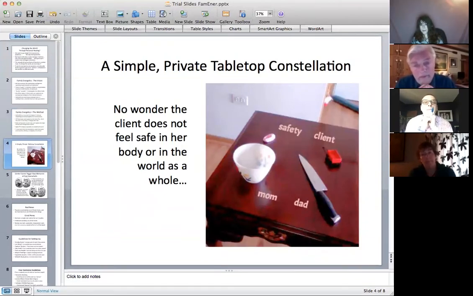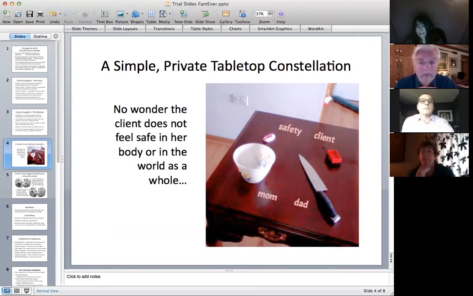Now, do those symbols speak to you? I mean, do we have a big question in our mind why this person might not be feeling safe in the world? Mom is this big, large, feminine symbol, right? Safety is a little baby slipper. Our client, a female, is also a container, but she's been squared off, right?